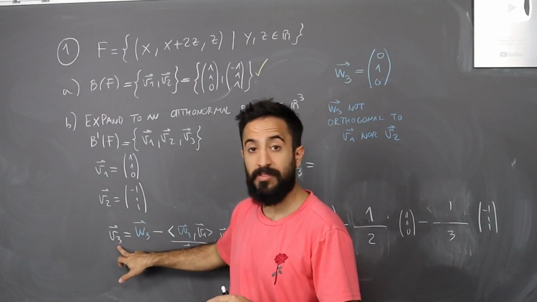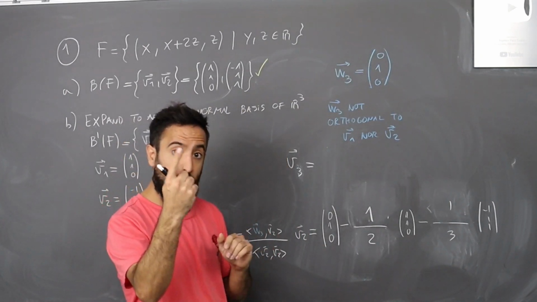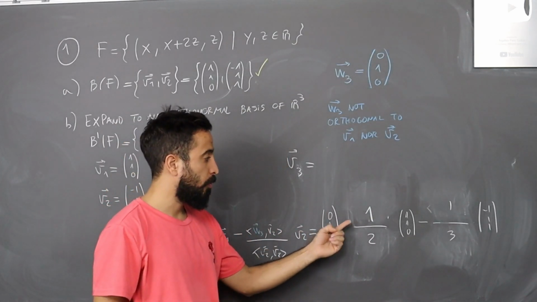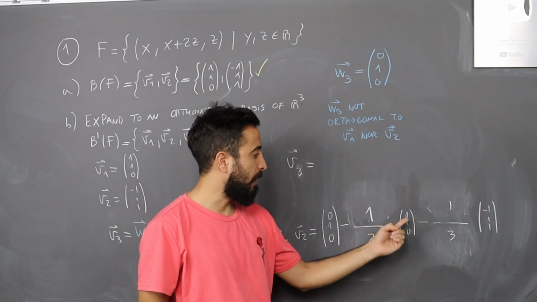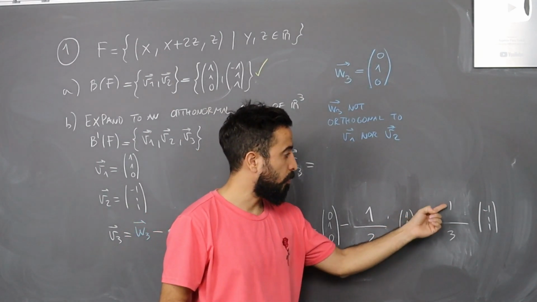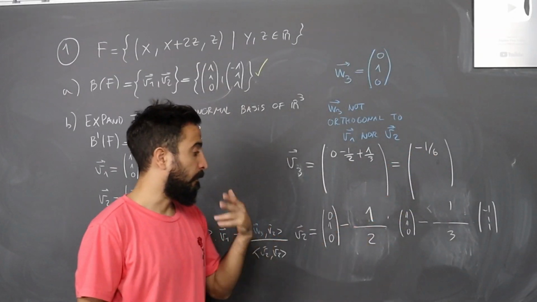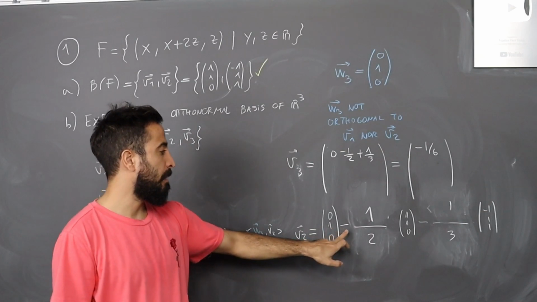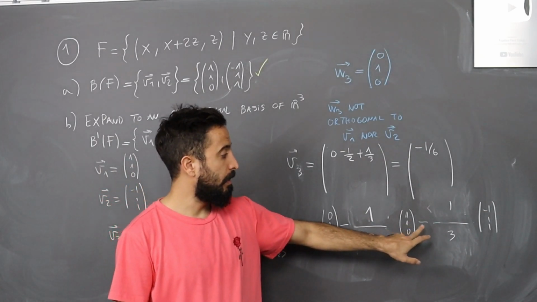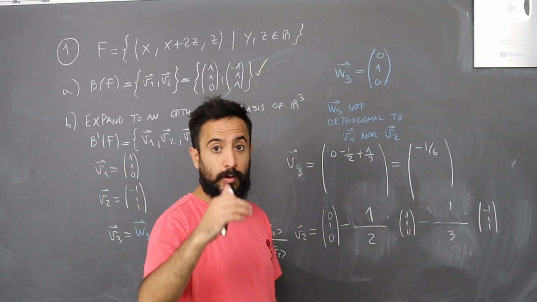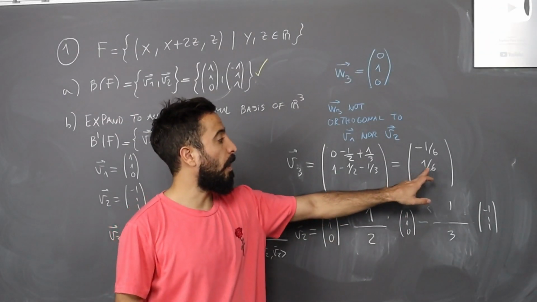So, vector b3 is going to be, for the first component, 0 minus 1/2 multiplied by 1 minus 1/3 multiplied by minus 1. If we do the math, we get minus 1 over 6. For the second component, we get 1 minus 1/2 times 1 minus 1/3 times 1. So if we do the math, we get 1 over 6.